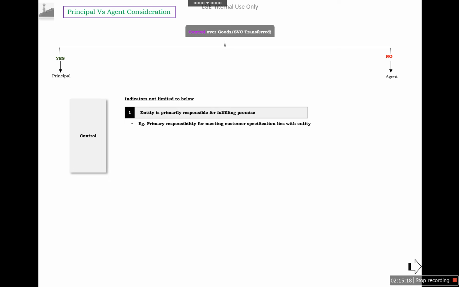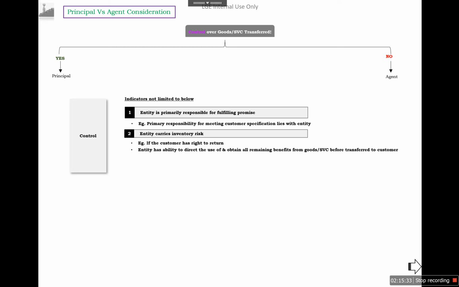So an indicator of principal may be that the entity is principally responsible for fulfilling the promise. For example, primary responsibility for meeting the customer specification lies with the entity. If the entity carries the inventory risk, for example, if the customer has the right to return, the entity has the ability to direct the use of and obtain all the remaining benefits from the goods and services before they transfer to the customers.